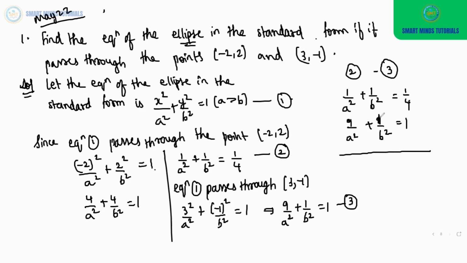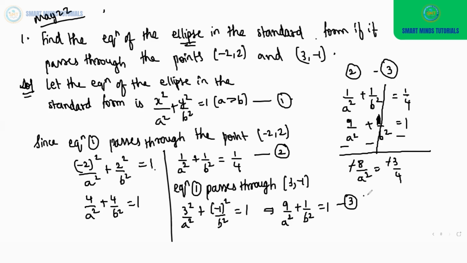Change the signs. This gets cancelled. 1 minus 9 is -8, so -8 by a square. What is 1 by 4 minus 1? 1/4 minus 1 is -3/4, no? So this is -3/4.